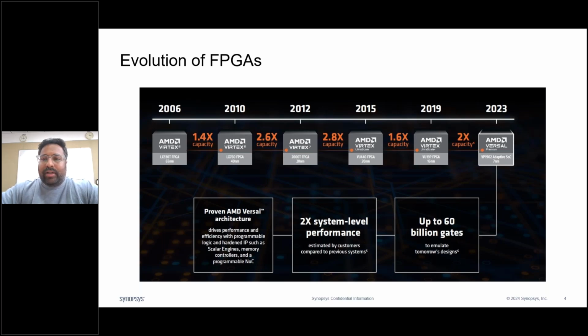And in 2023, they launched the device called Versal, which is the biggest device available in the FPGA market. This Versal device is manufactured on a 7 nanometer process technology, and it consists of up to 60 billion logic gates.